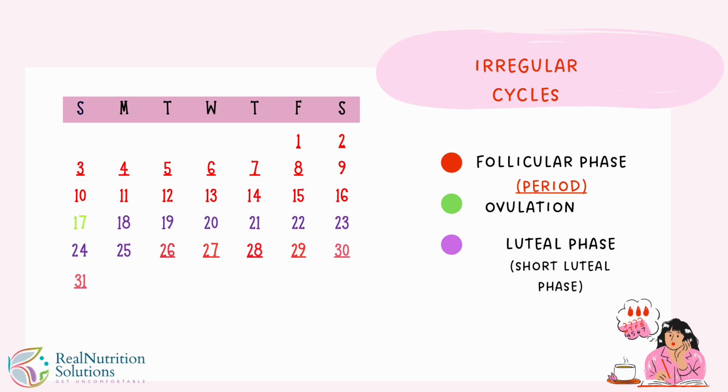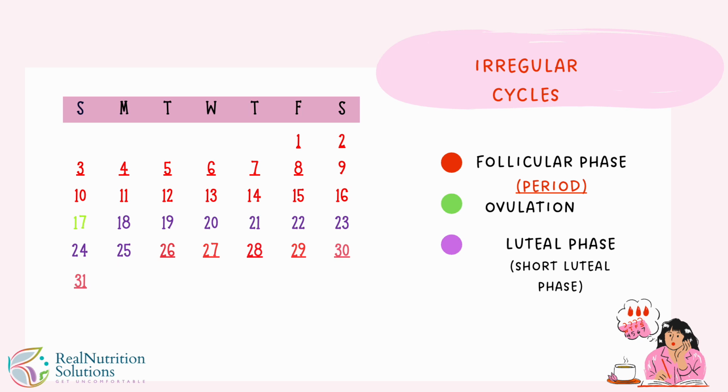So this person has an extended follicular phase. It's longer than what is considered to be the average, which is around 13 days. And that could be because this person has a longer than normal period, as is depicted here on the screen. This particular period lasted 8 days.